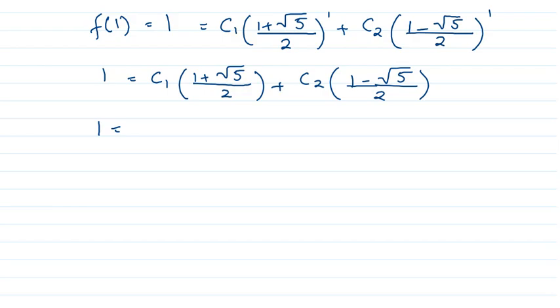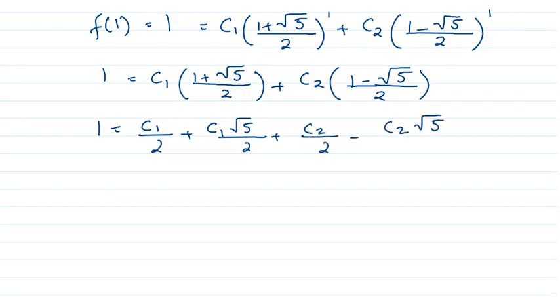So 1 is equal to C1 by 2 plus C1 under root 5 by 2 plus C2 by 2 minus C2 under root 5 by 2. Very simple, just opening these two brackets. So these two terms are going to cancel each other, and I am left with C1 by 2 plus C2 by 2, right?